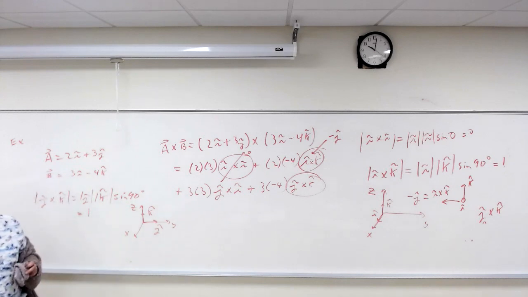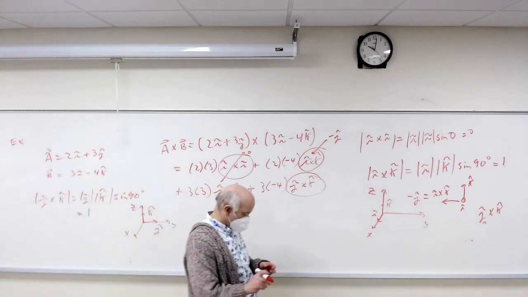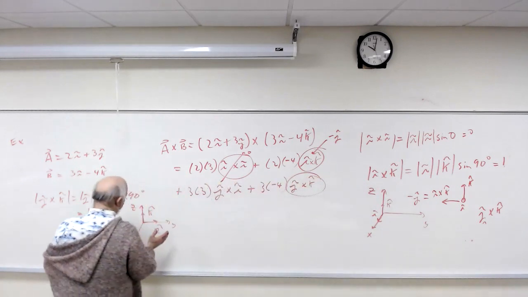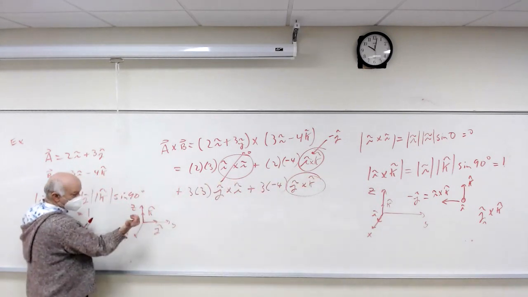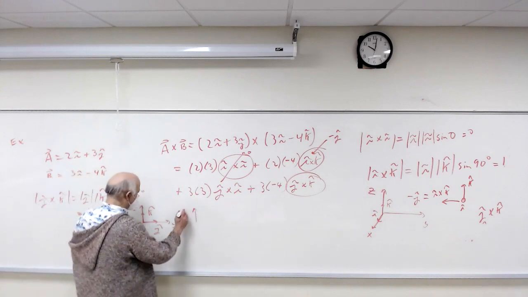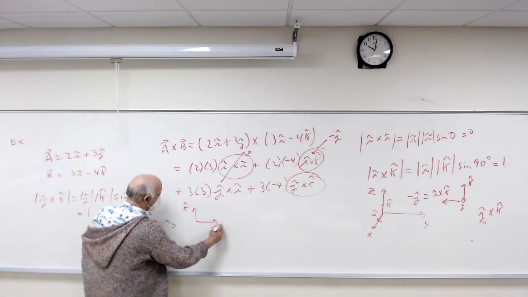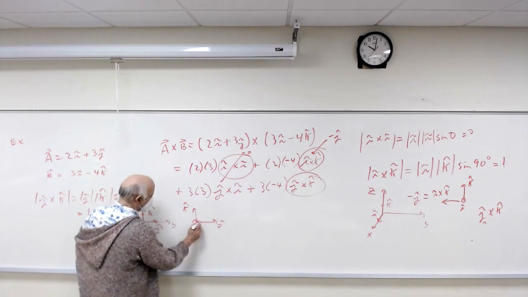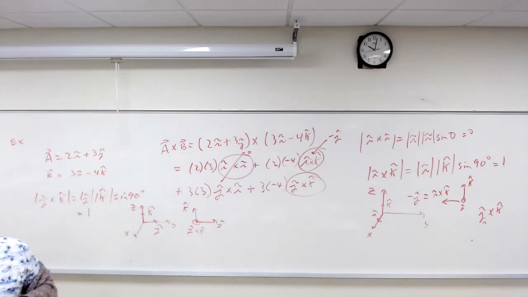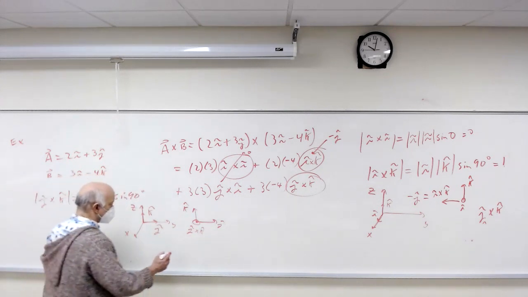So what is J cross K? Arrow coming out of the board. J crossed into K is coming out, with a length of 1, that's often called I hat.